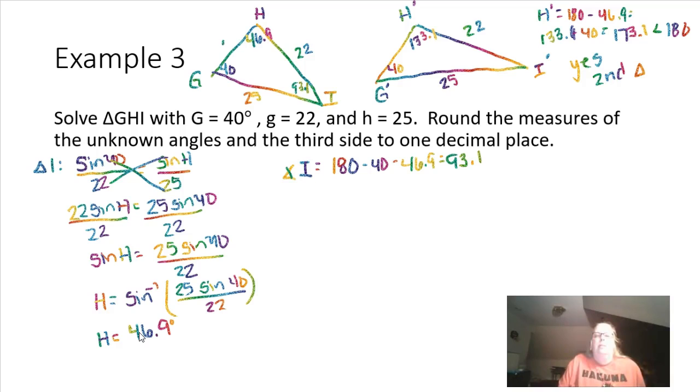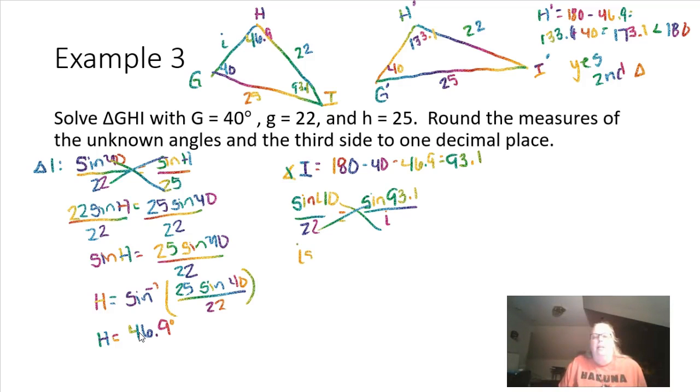And now we need side I right up here. And again, I'm going to use G and side G. The sine of 40 degrees is to 22, just like the sine of 93.1 is to side I. Let's cross multiply.